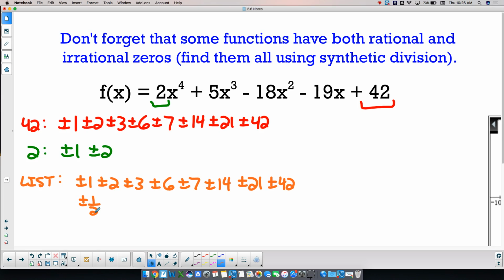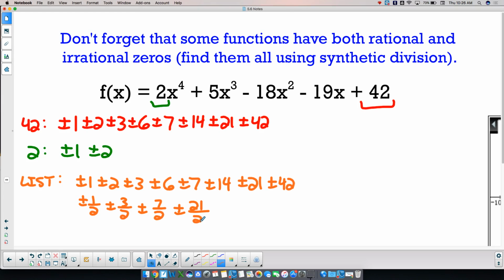Got it already. 3/2. 6 divided by 2 is 3. Got it already. 7/2. 14 divided by 2 is 7. Got it already. 21/2. 42 divided by 2 is 21. Got it already. Okay.